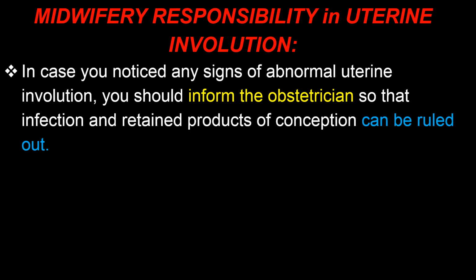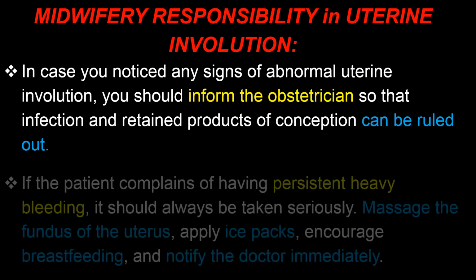So when you see a relaxed uterus, report immediately to the doctor or attending physician so that the doctor can give either antibiotics, manual extraction or evacuation of placental fragments, or dilatation and curettage. We inform the doctor so that the problem can be ruled out, and we know why the uterus is not involuting.